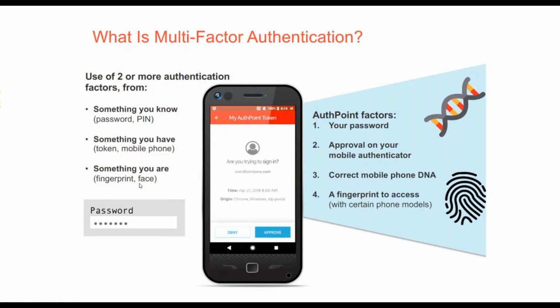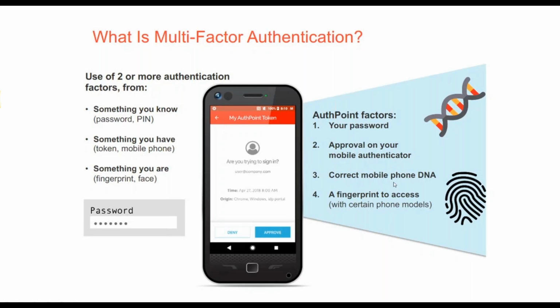So what is included or being used by the AuthPoint authenticator? First of all are passwords, and this password can be created for users of the cloud, or it can be synced from LDAP or Active Directory. Approval on the mobile authenticator, so we have a push to the phone itself, and then you can approve or deny that request.